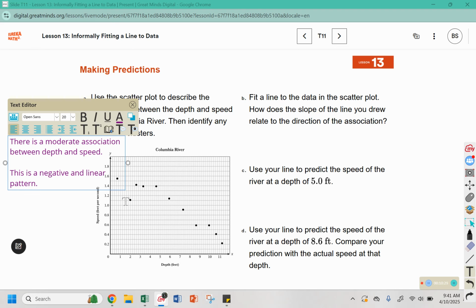You might say that this point is an outlier because it lies outside of the typical data set. And that is the point 2, 1.11 as an outlier.